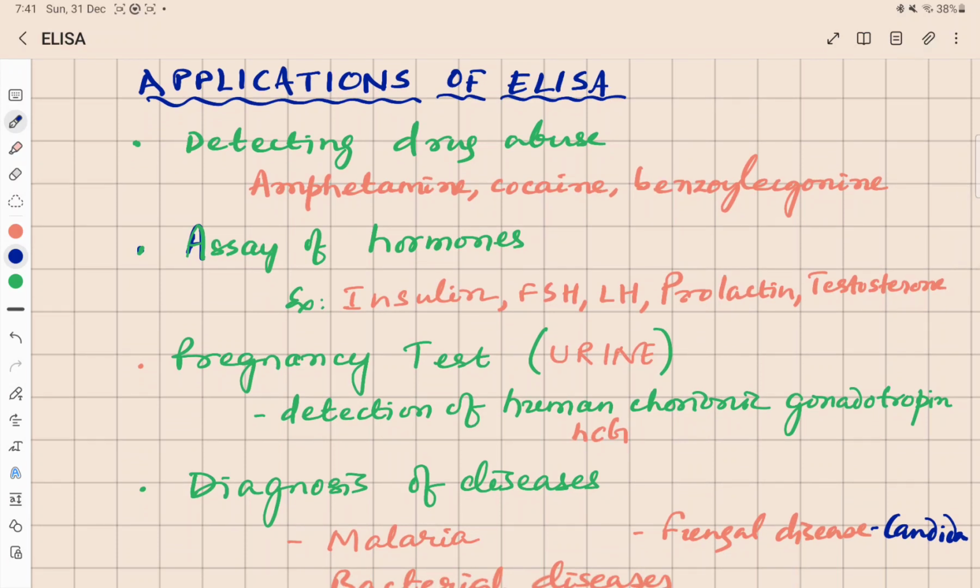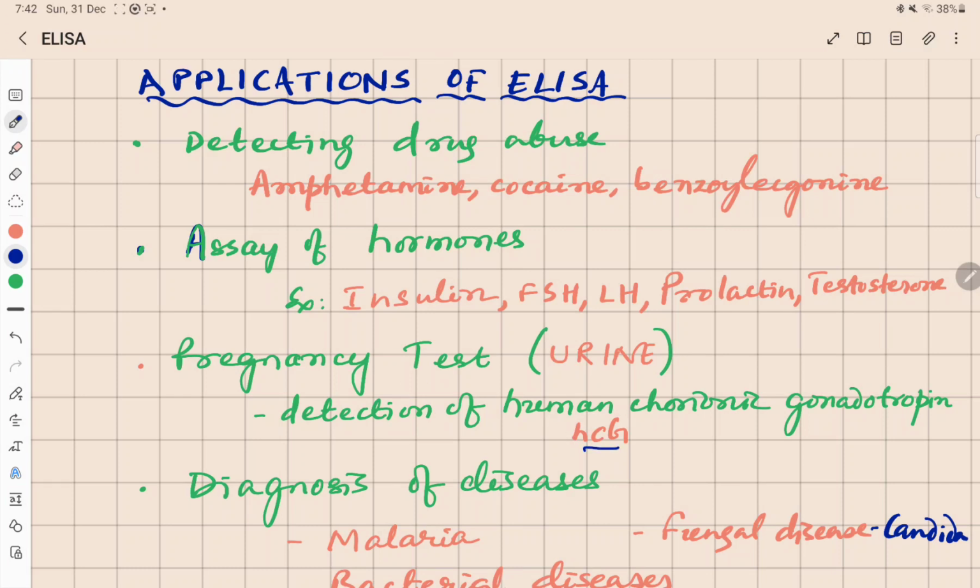We can use ELISA in different applications. We can detect drug abuse for drugs like amphetamine, cocaine, benzodiazepine, etc. We can use it for assay of hormones like insulin, follicle stimulating hormone, luteinizing hormone, prolactin, testosterone, and human chorionic gonadotropin, and this we use in the pregnancy test.